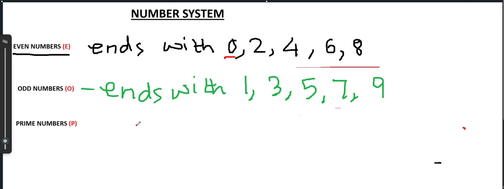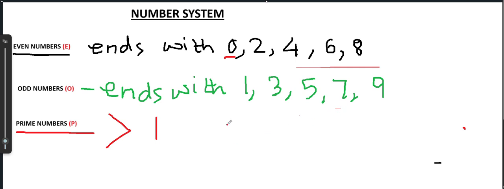That is the short form. So what are prime numbers? Prime numbers are natural numbers that are greater than 1, okay? All prime numbers are always greater than 1. And it is divisible only by itself and by 1.